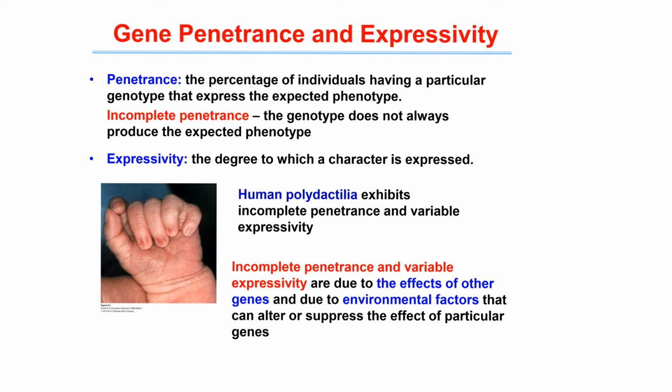What does it mean? It means that certain individual may possess a genotype for certain phenotype, however, he or she does not express it. So what is penetrance? Penetrance reflects the percentage of individuals who have a particular genotype, and this genotype is expressed in phenotype.